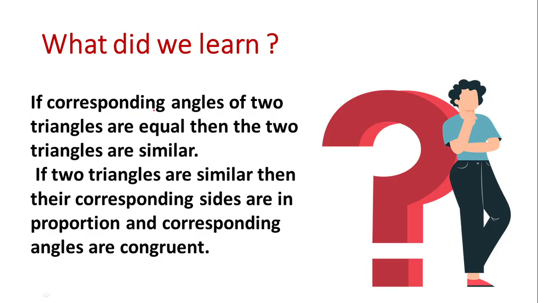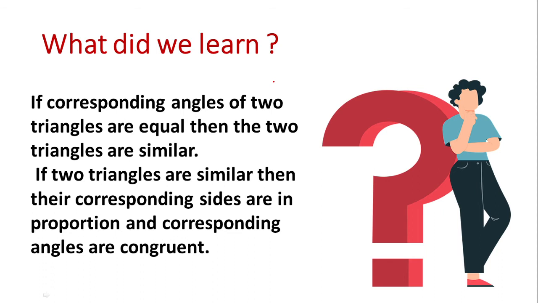Now, what did we learn, children? If the corresponding angles of the two triangles are equal, then the two triangles are definitely similar. Then, if two triangles are similar, what next? If you take the ratio of their corresponding sides, they have to be in proportion.